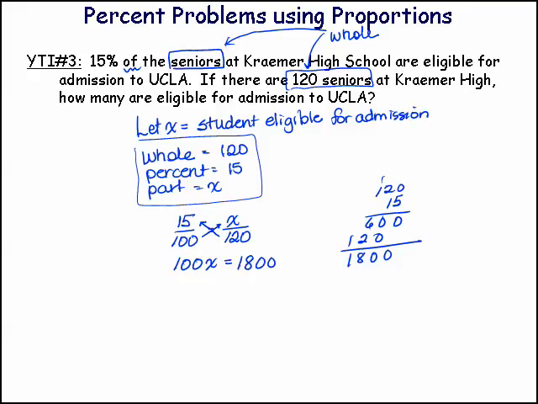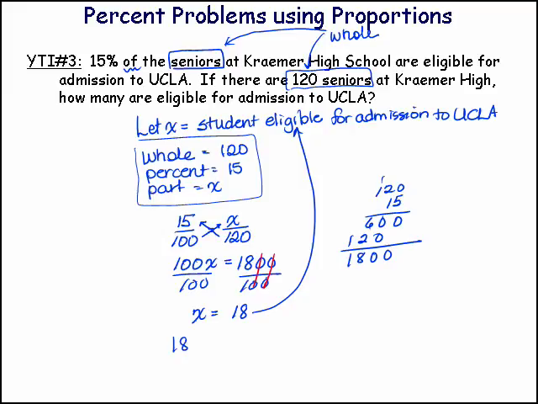So now let's divide both sides by 100, and we can cancel out our zeros, and so what we're left with is that x is equal to 18. What piece of information does that give us? It's the number of students that are eligible for admission to UCLA. So that would be your answer.